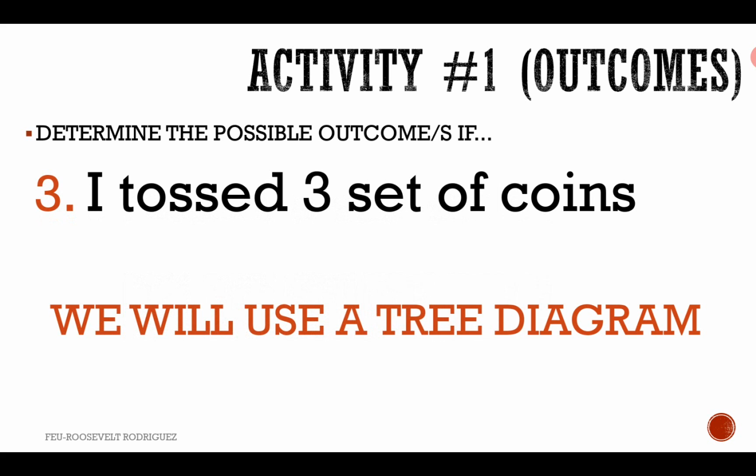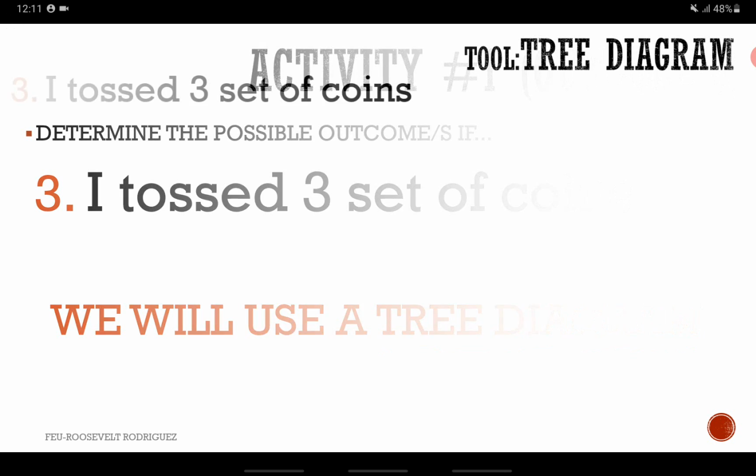Alright? Now, if you're asked to determine all of the possible outcomes, pag lahat yung pinag-uusapan, we need to use a tree diagram. Alright? So, this tool will help us to determine the sample space or set of all possible outcomes sa isang event. Okay? So, let's use tree diagram.